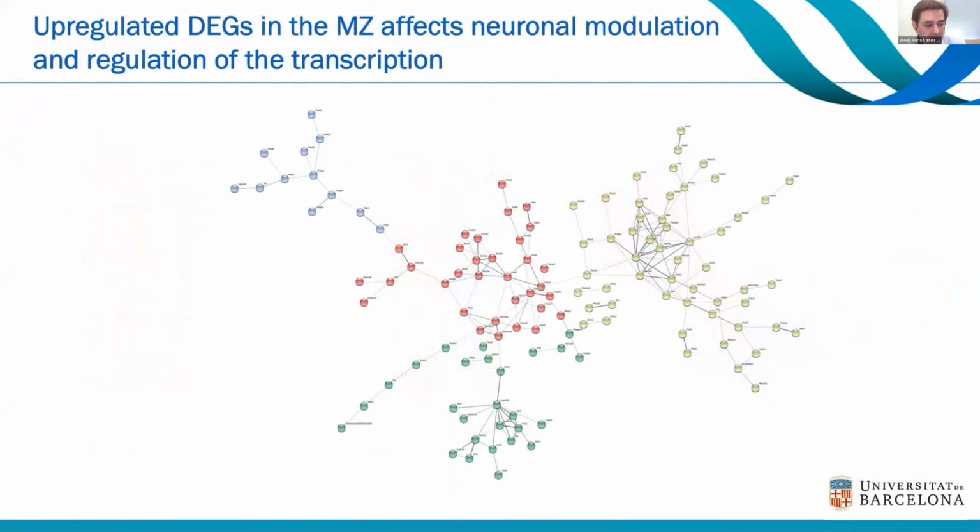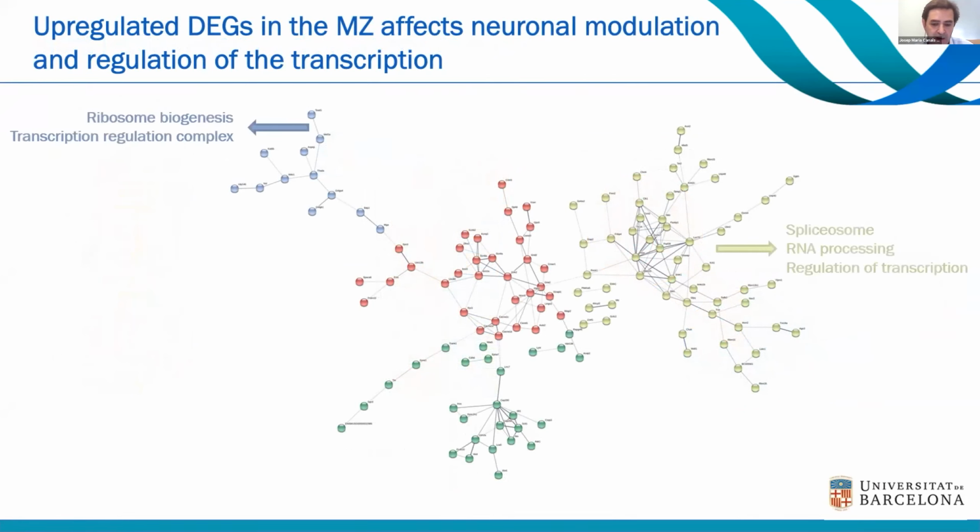And when we analyze the gene ontology, which are the main groups of genes that we find, the genes that are upregulated regulate the transcription of different complexes, and also affect the spliceosome and the RNA processing.